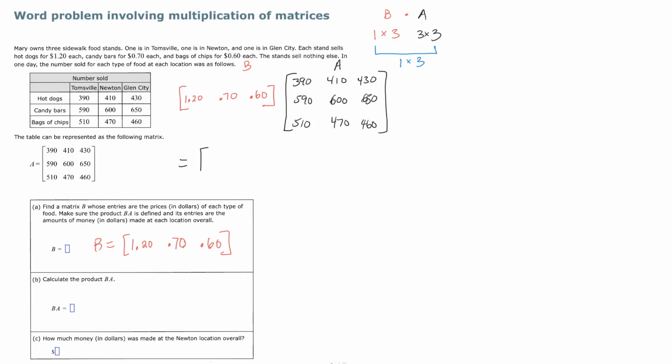For the first position, I got 1187. For the second position, I got 1194. And for the third position, I got 1247. And I'm going to just put a note outside here just to remind myself of the units. And that is, this is actually in dollars.